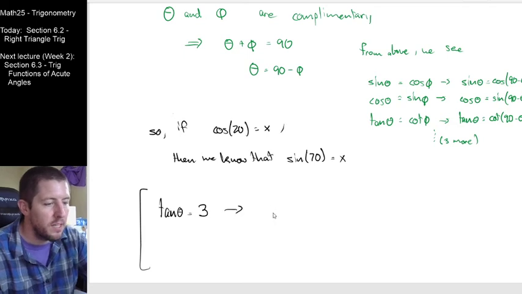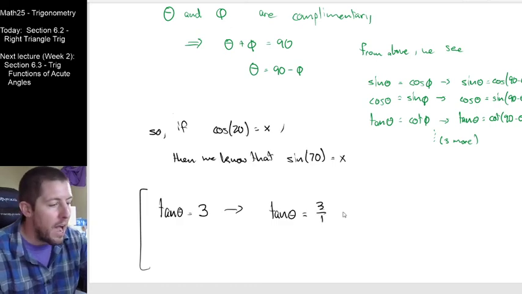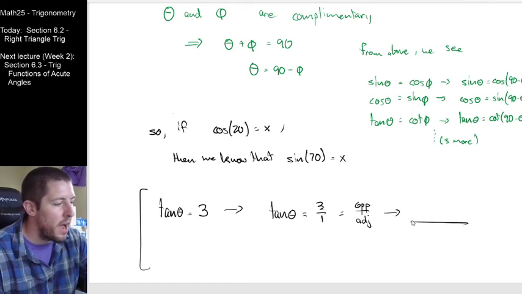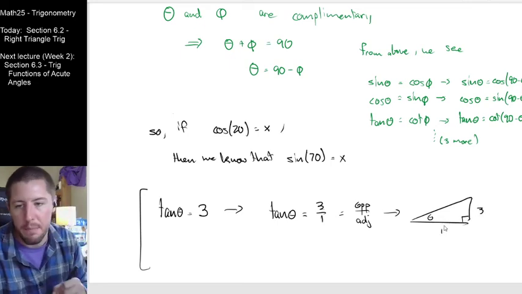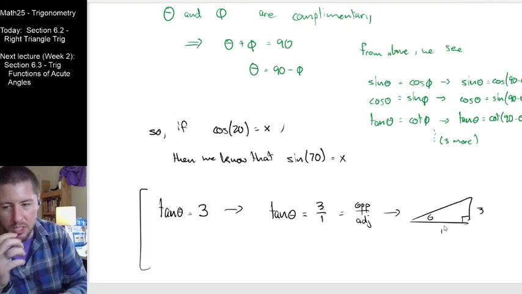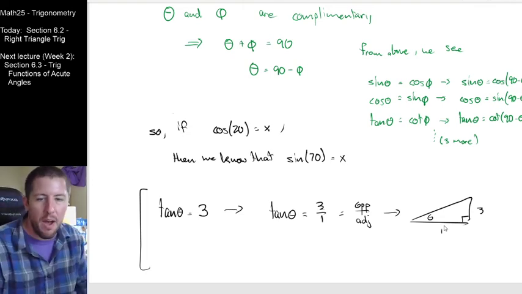It helps for us to always think of every single number that we get out of a trig function as a fraction, because now I can think about this as opposite over adjacent, and that helps me to draw a triangle that has a theta in the corner and has the opposite side being 3 and the adjacent side being 1, stuff like that.